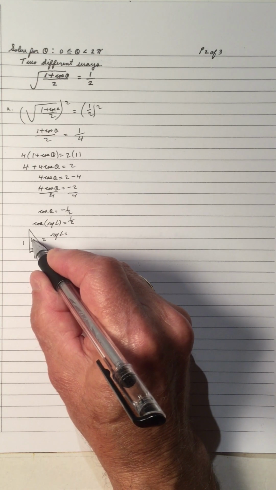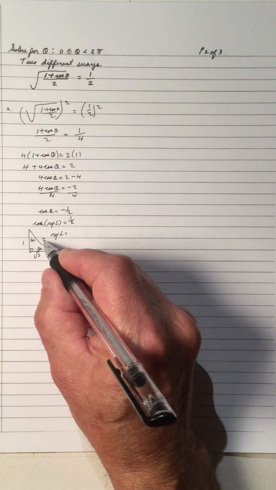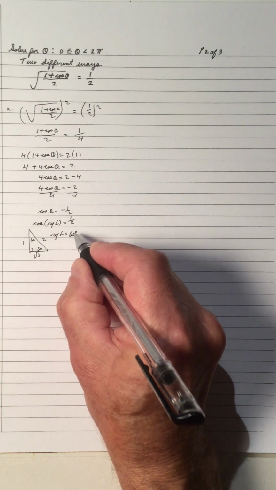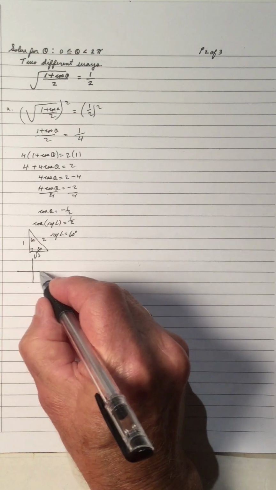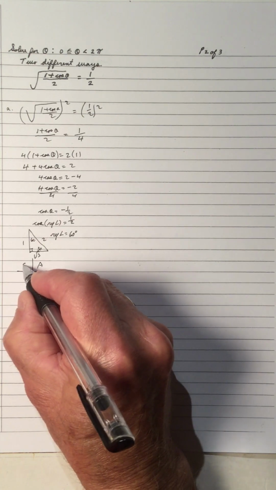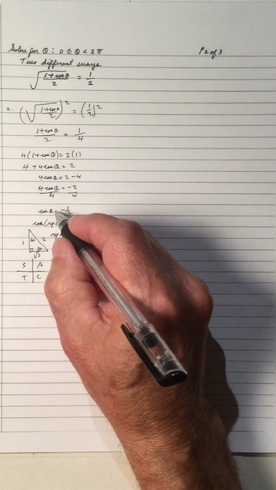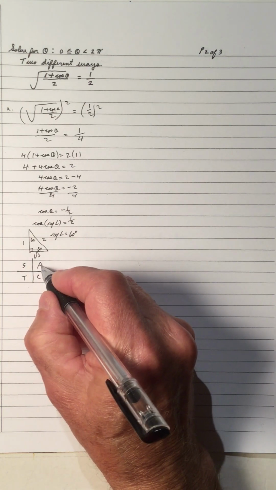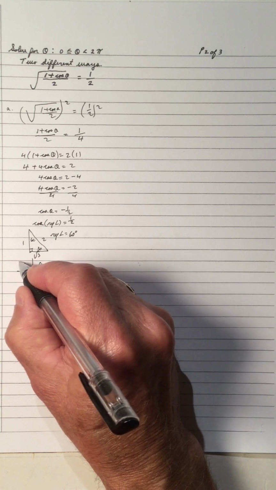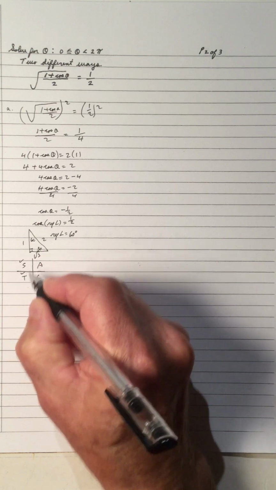So the answer is 60. Cos of 60 is 1 over 2. So that's a 60-degree reference angle. Now I think of, that's a negative, so I'm going to add sugar to coffee. So cos is the x, and cos is negative. Cos is positive in 1 and 4, so it's negative in 2 and 3.